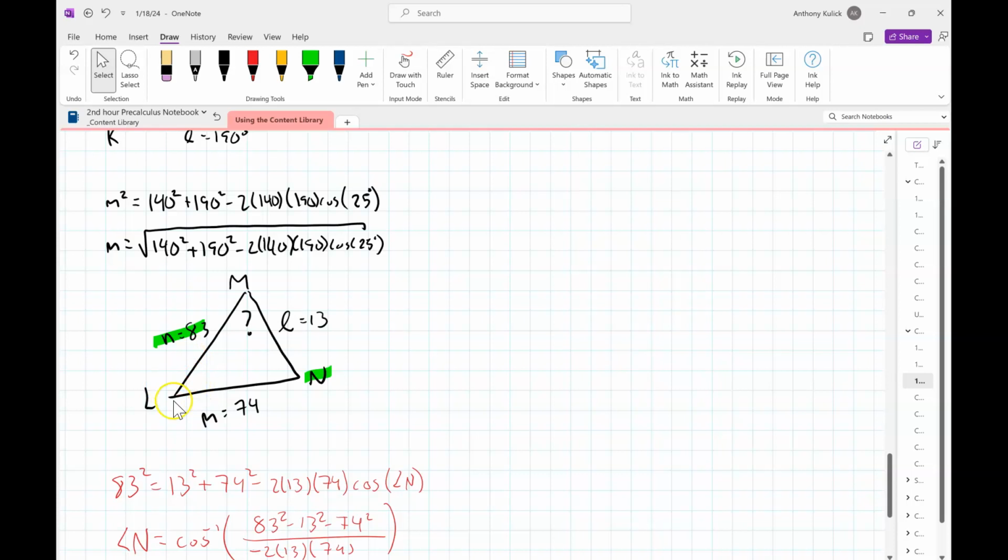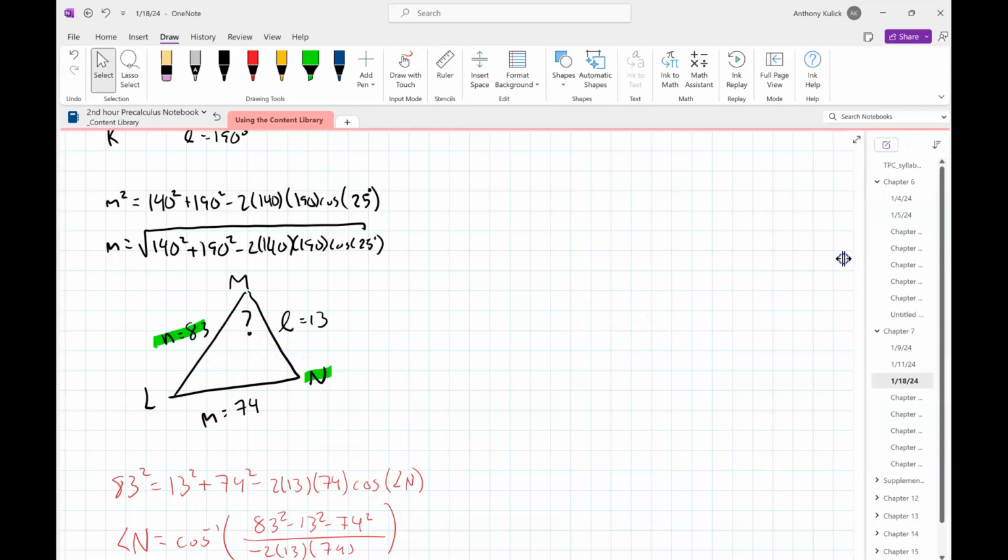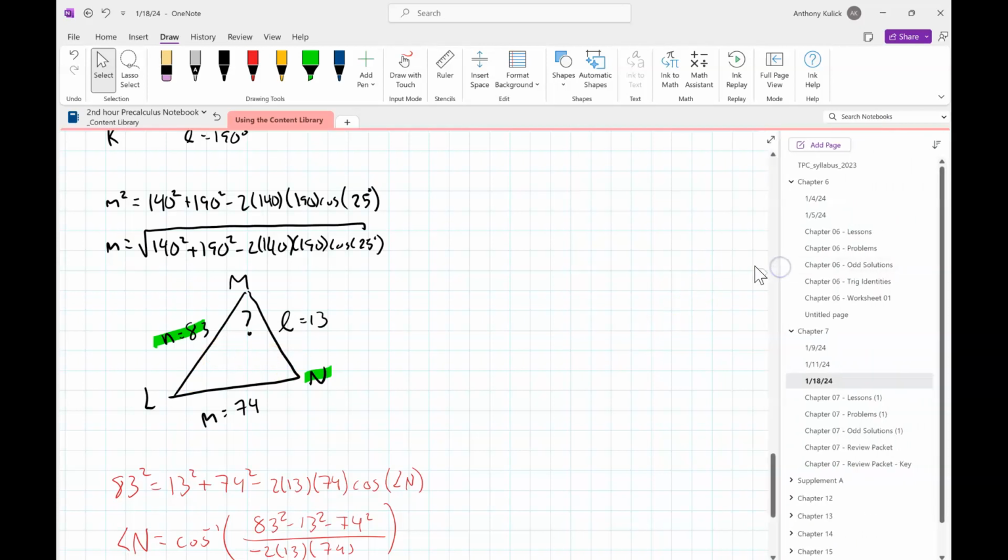If it asked for angle L, though, you would have almost assuredly been in a side side angle situation where if you went out of order, it's going to be an issue. Okay. Other questions from me before we get to it here?